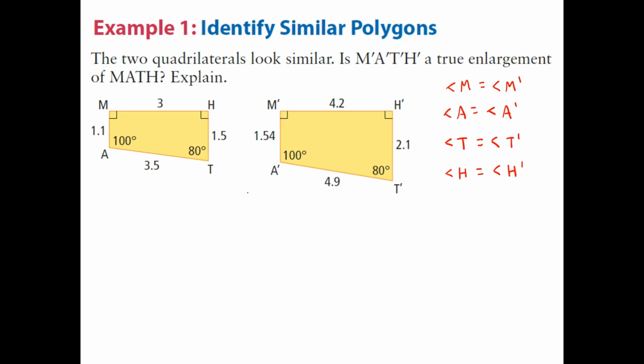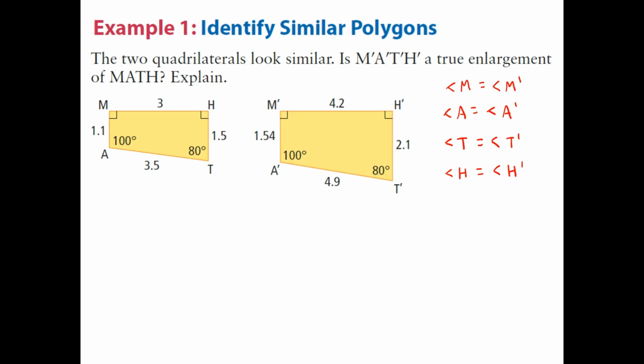Does that mean that this quadrilateral is going to be similar? No, not necessarily, because unlike a triangle, where if you have every angle equal you can say that they're similar, that's not true for any polygon with 4 or more angles.